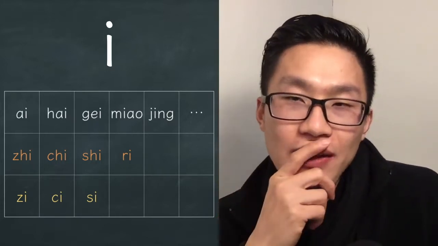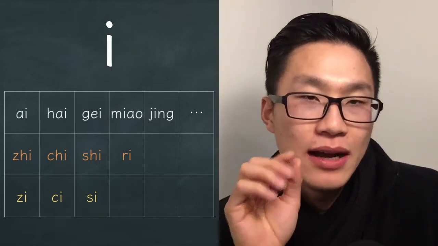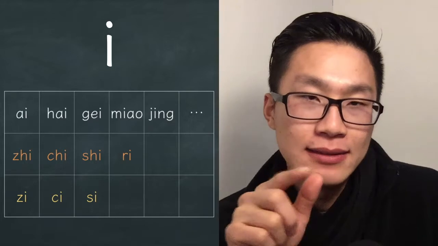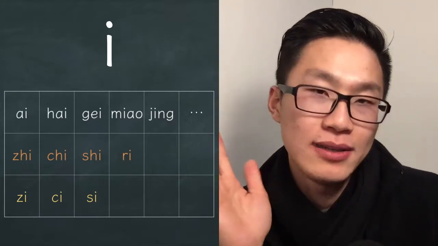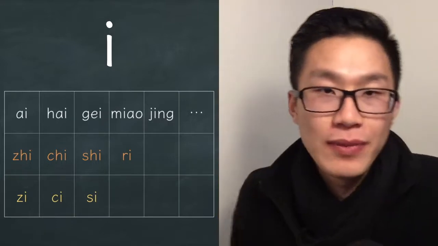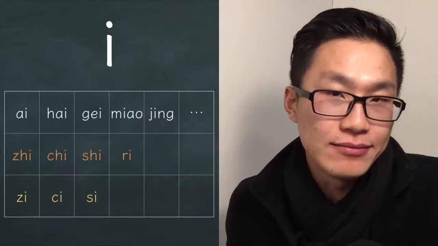So actually you don't need to remember the sound exactly. Just try to remember how to pronounce them in zhi, chi, shi, and ri, because that's the only place you're going to use it. And same for zi, ci, and si.